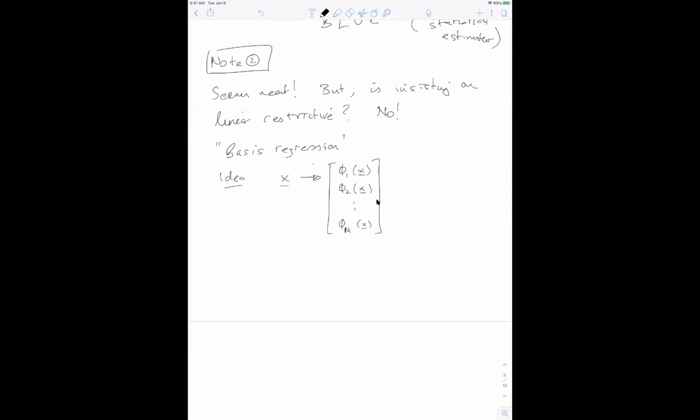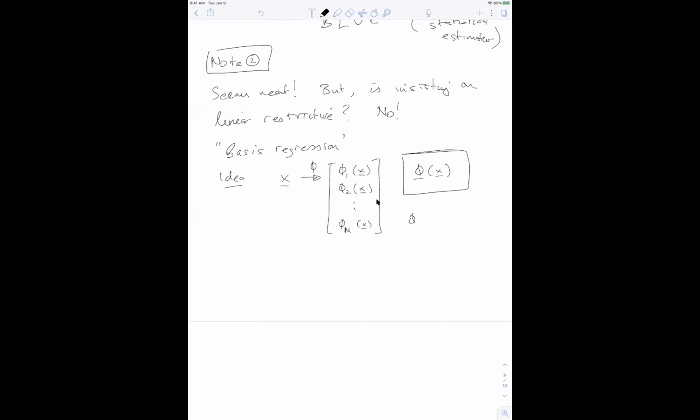We're going to map this through this basis function phi and think about it as generating for you a whole new description of your example. And then once we've done this, you can essentially work with this new form of your example. You don't work with x anymore. You work with this mapping of x.